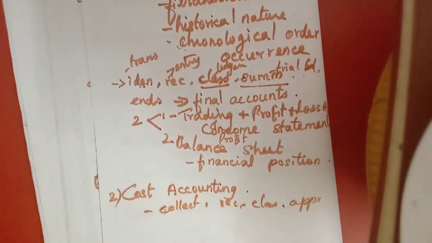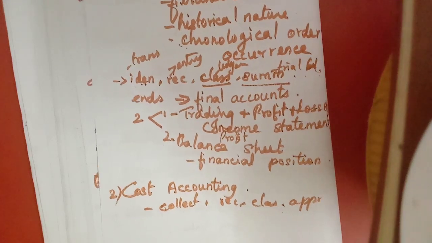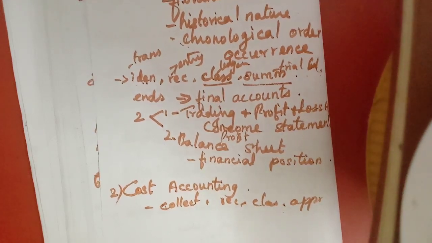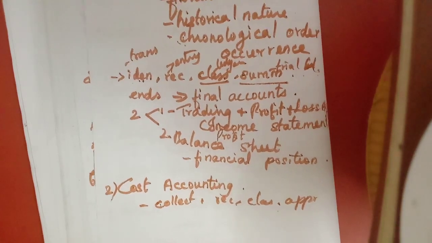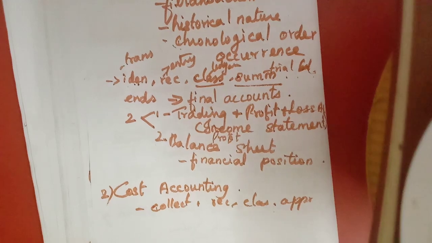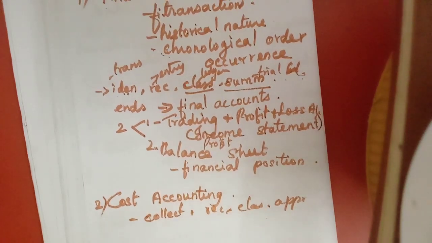They will allocate the expenditure, whether it is fixed expenditure or variable expenditure, or the particular cost of the product, in order to price the product. Cost plus profit only, they will fix the price. For that purpose only they do it. So that will be done by the management, isn't it?